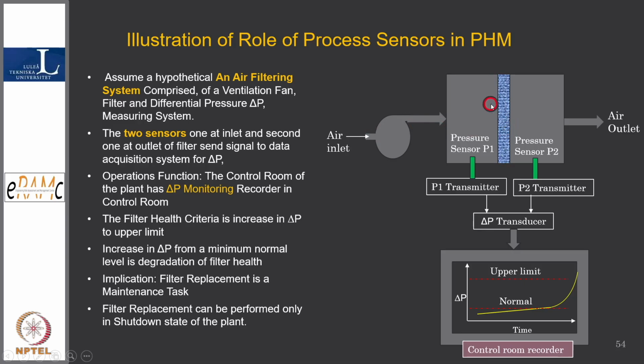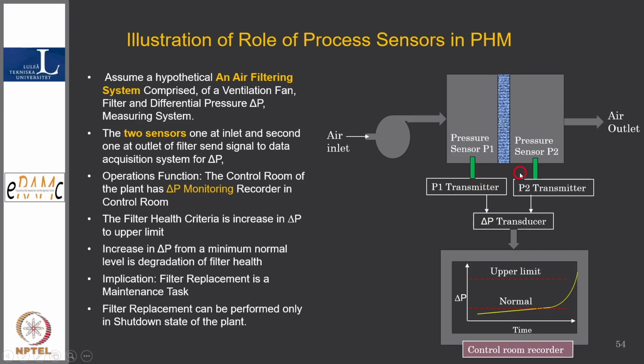This is a filter element. So the pressure before the filter and the pressure after the filter will give me information about delta P. Delta P means pressure drop across the filter, and that is an indication of the health or performance of this filter.